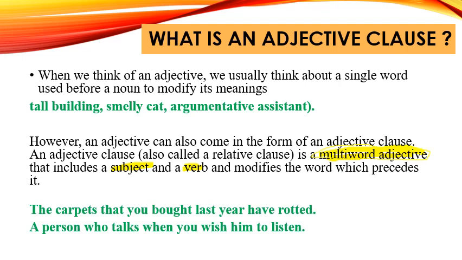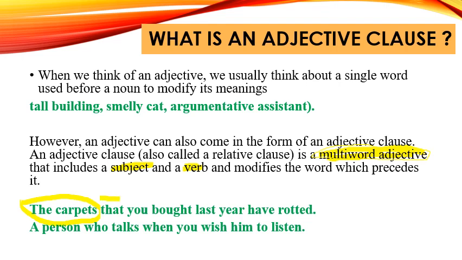Okay, let's look at the following examples. The carpets that you bought last year have rotten. In this sentence, I have the subject, the carpets, and now we have that you bought last year.